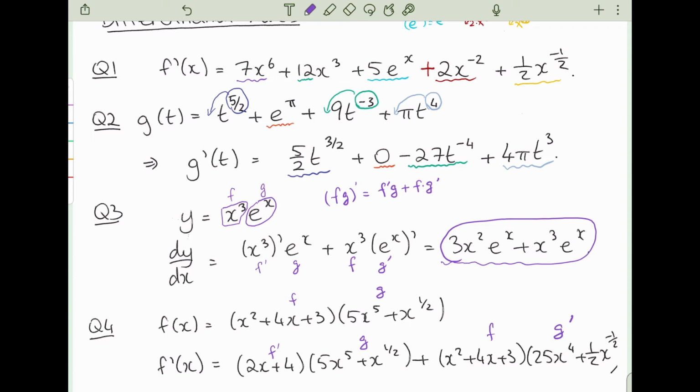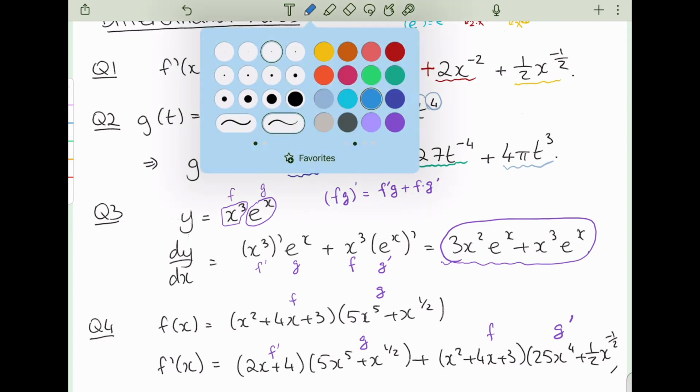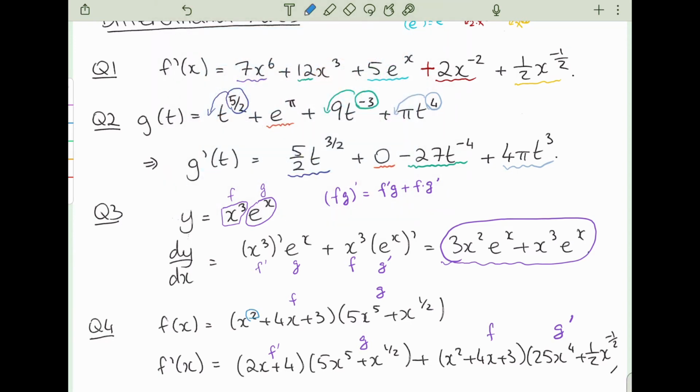So for the derivative of f, this 2 goes to the front, and minus 1, so it becomes 2x here. And this 4x, this power 1 goes to the front, so it's still 4, but the new power is 1 minus 1.